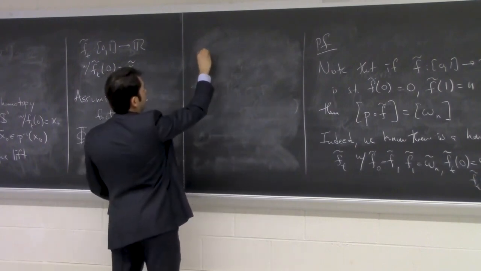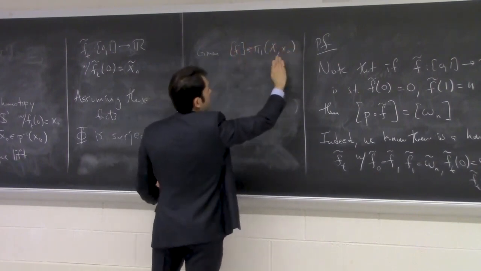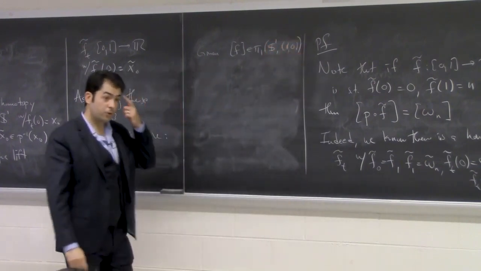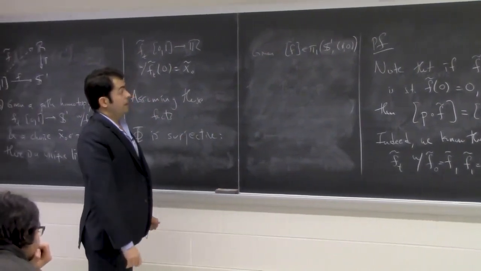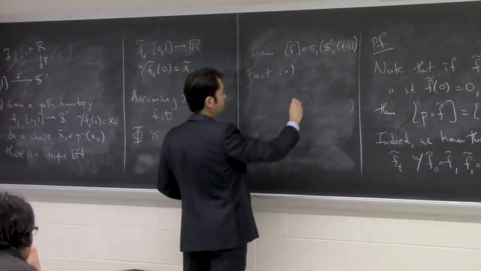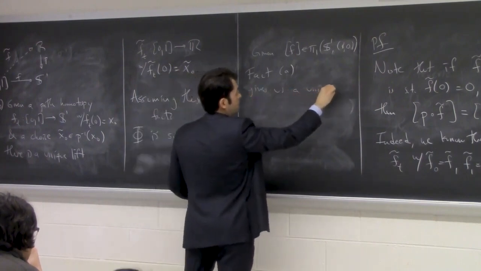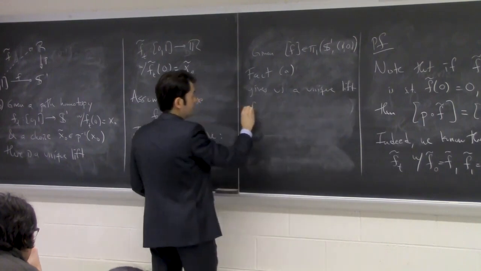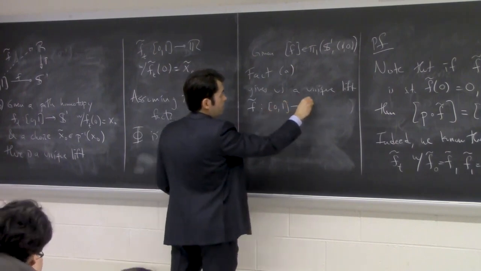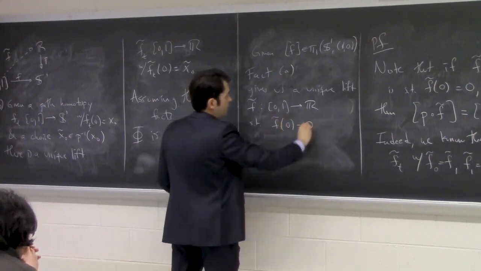Okay, so given an element of the fundamental group of the circle based at 1, 0, we lift it, right? We use fact A, which gives us a unique lift f tilde from 0, 1 to R such that f tilde of 0 is 0, right?